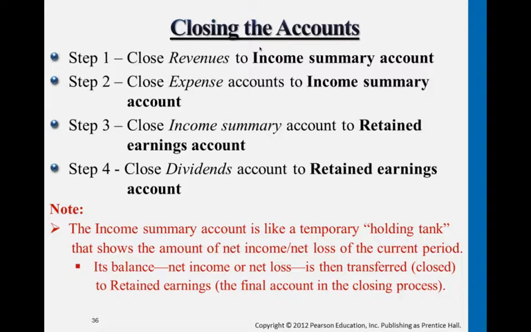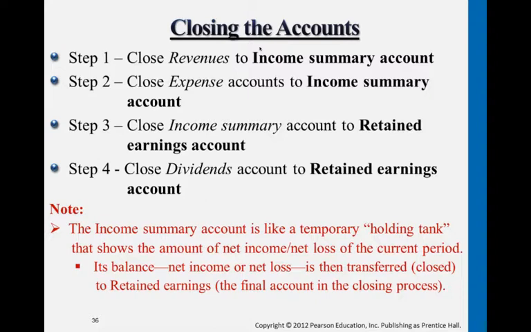So this journal entry itself, you will see revenue be debited and then income summary be credited by whatever amount there is right now on the income statement. After doing this, remember revenue's normal balance is the right side.